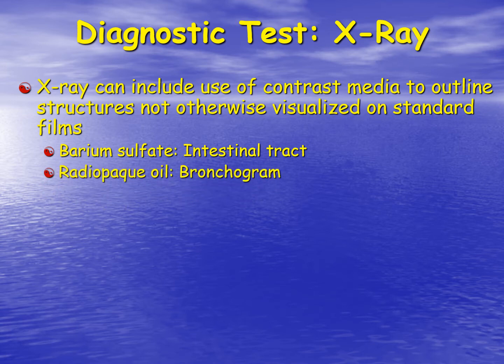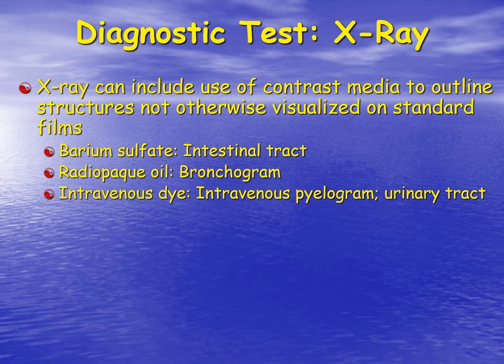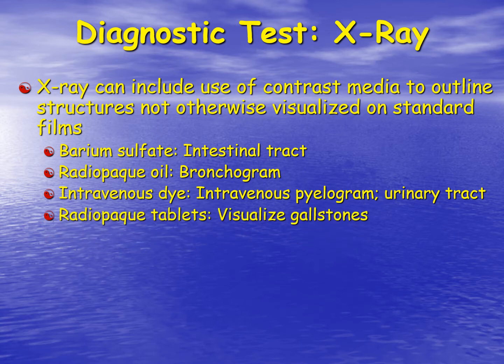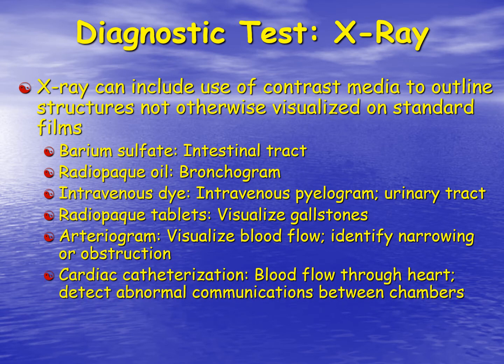Radiopaque oils, such as used in bronchograms, intravenous dyes, especially used to highlight structures in the urinary system, radiopaque tablets that can visualize gallstones, arteriograms, which will visualize blood flow and identify narrowing or obstructions within blood vessels, and cardiac catheterization, looking specifically at blood flow through the coronary arteries in the heart and detecting abnormal communications between the chambers within the heart.